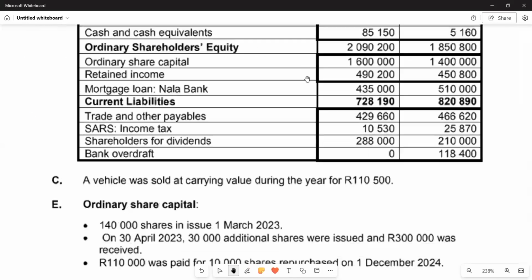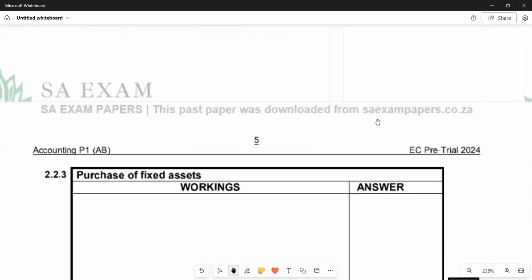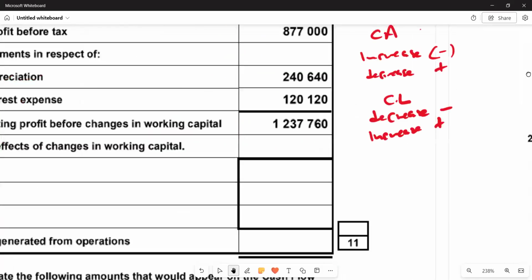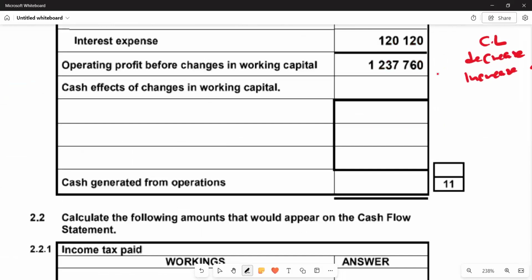So we go to the other section, and we are now on the cash effects of changes in working capital. It means here we are saying increase in inventory.